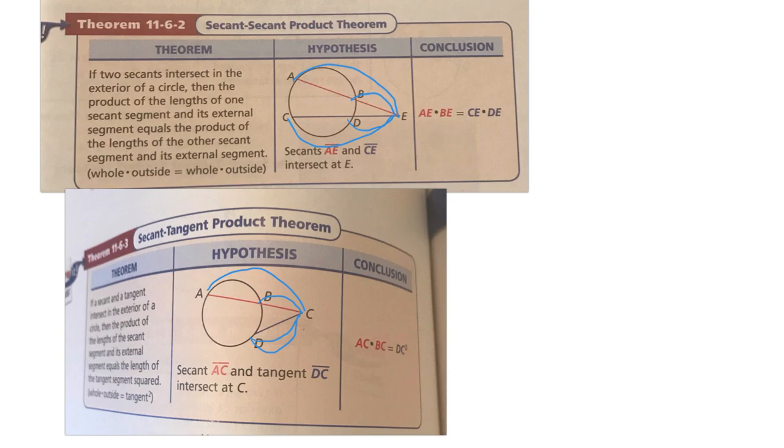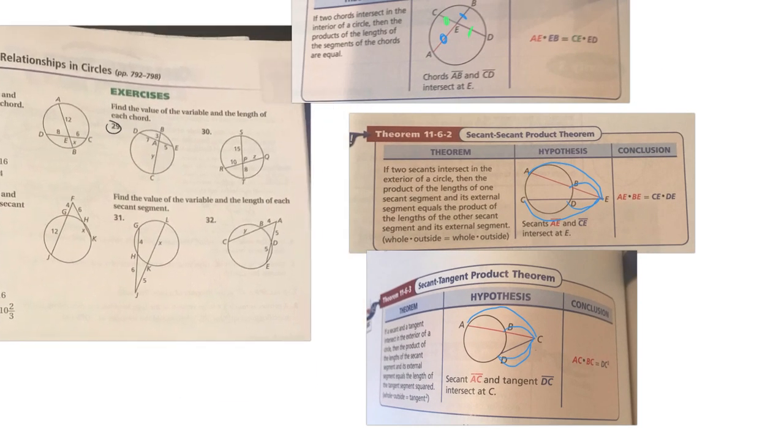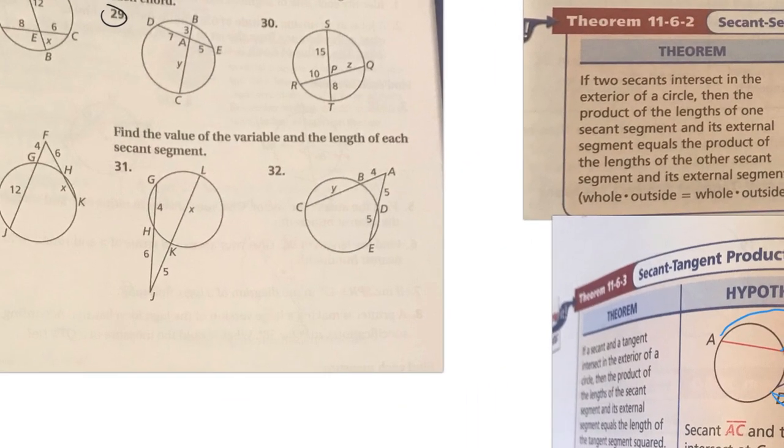Okay, so amazing. Let's take a look at problem number 31. Value of the variable and the length of each secant segment. So it's going to be this whole thing, which is 6 plus 4 times the outside part, which is just 6, is going to equal the whole thing on the other side, which is 5 plus x, times just the outside part, which is 5.